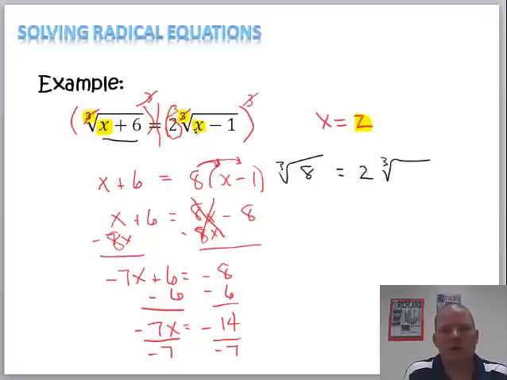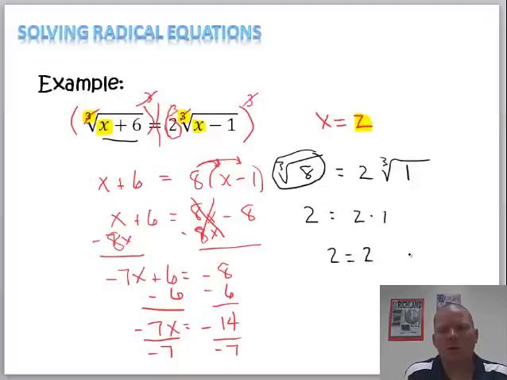Put my 2 in for x. 2 minus 1 is just 1. Now the cube root of 8, you can do that in your calculator if you want, but that's just 2, equals 2 times the cube root of 1 is 1, so 2 equals 2, and that works out. So my answer is x equals 2.